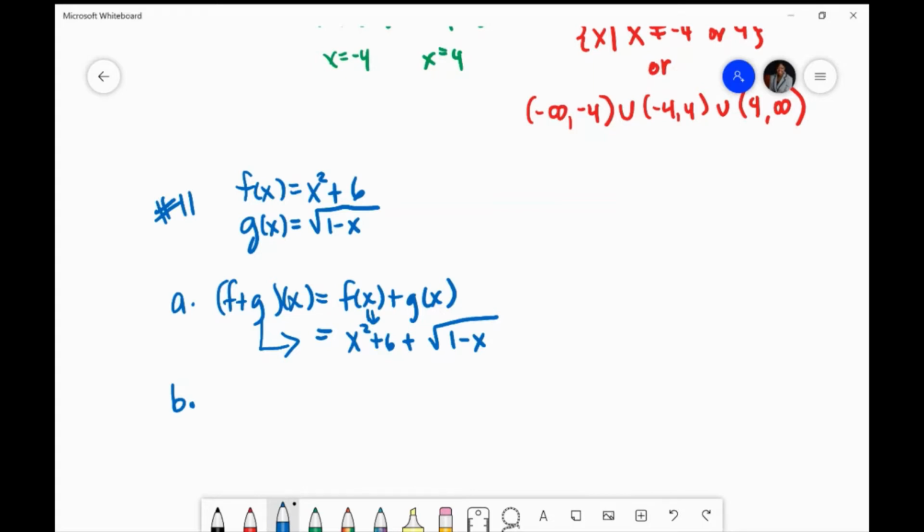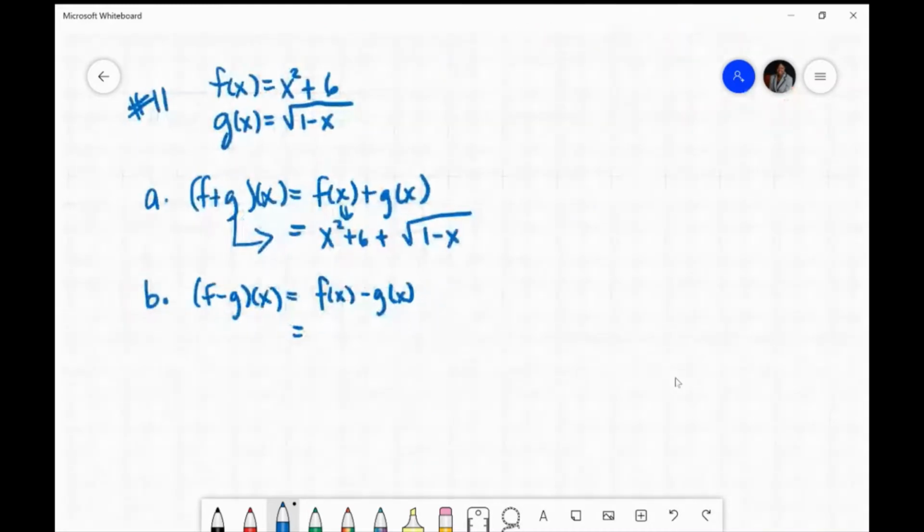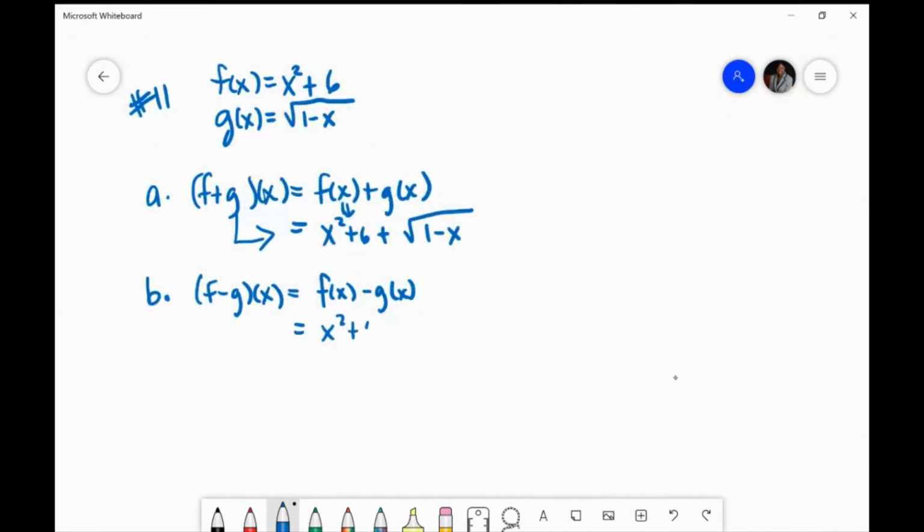All right, let's go with f minus g of x equals f of x minus g of x. Someone other than Kenneth, Christina, and Alicia. What would f of x minus g of x equal? X squared plus 6, and then parentheses. Would you use parentheses on that since it has the bracket? This is the definition. Look at it.